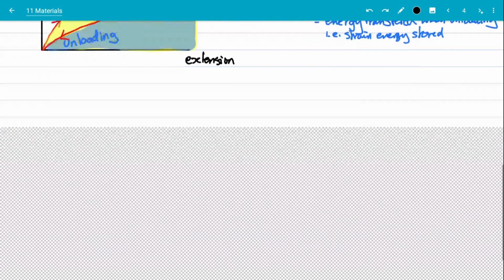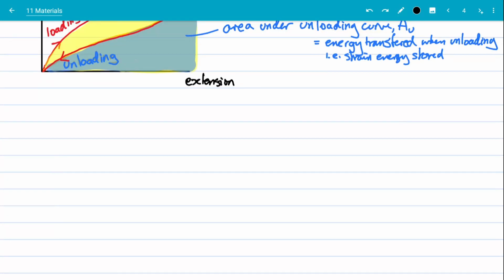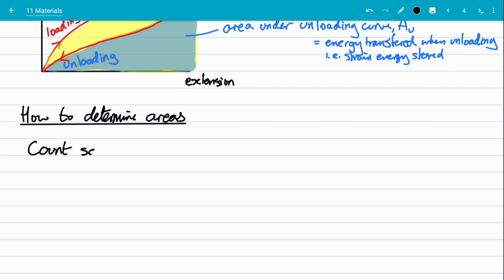So how do we determine the areas? We count the squares. And we've done this before with motion graphs, but I'll make a note of this now. We count squares.